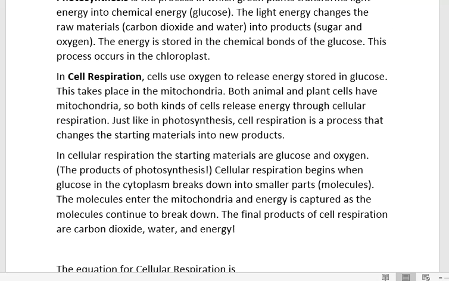For cellular respiration, the cell uses oxygen to release energy stored in the glucose. This takes place in the mitochondria, which we'll learn more about soon when we start working with cells. Both animal and plant cells have mitochondria, so both kinds of cells release energy through cellular respiration.